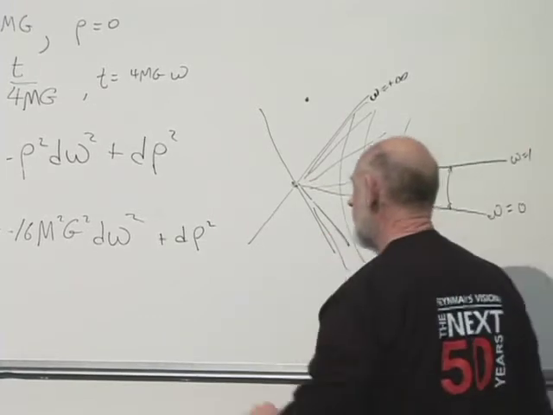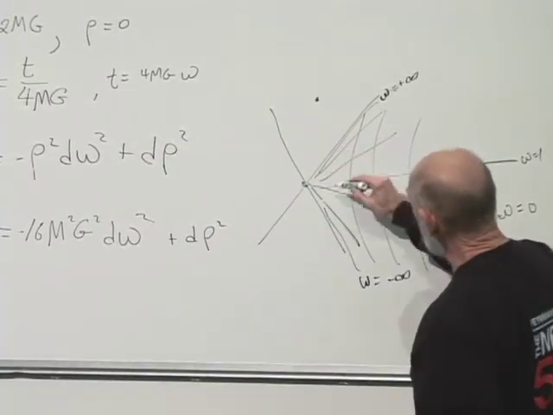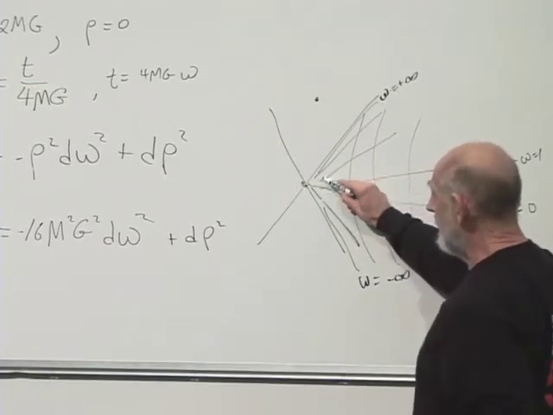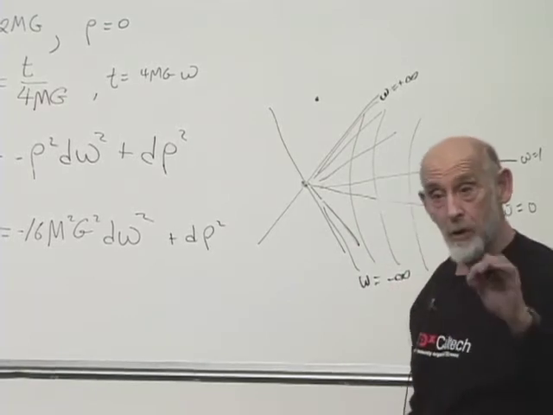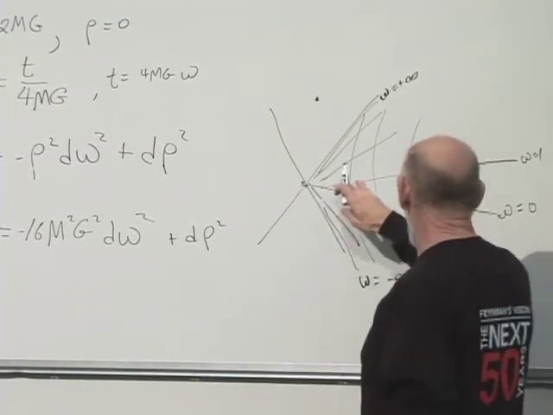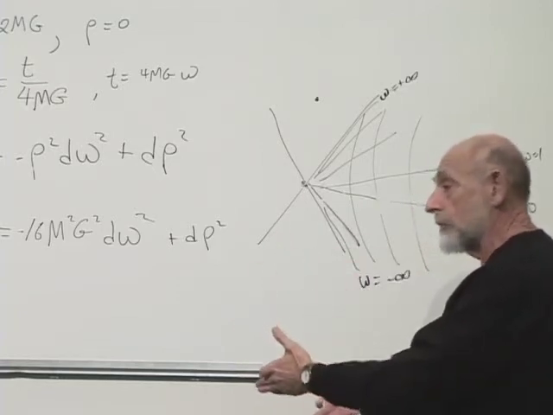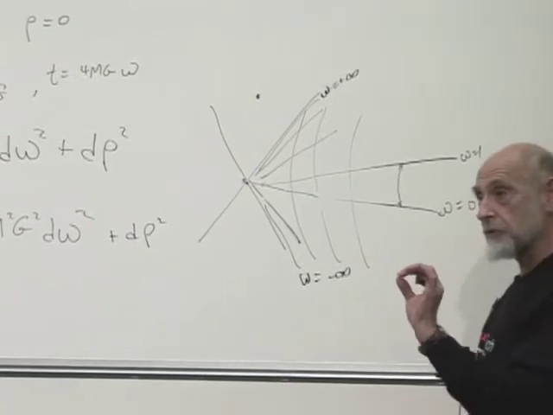Near the horizon, very close to the horizon, where rho is very small, the proper time distance between omega equals 0 and omega equals 1 is very small. Okay? So near the horizon, as time flows, as omega flows, very, very little proper time between neighboring values of time.